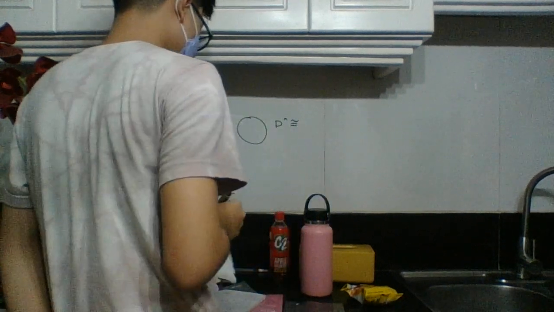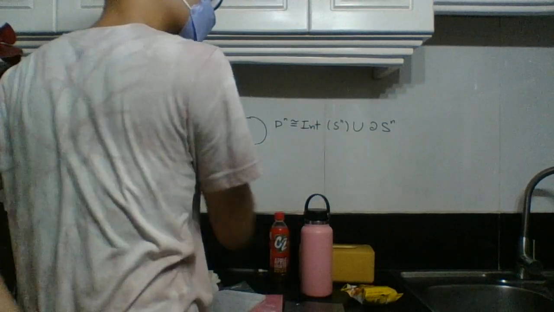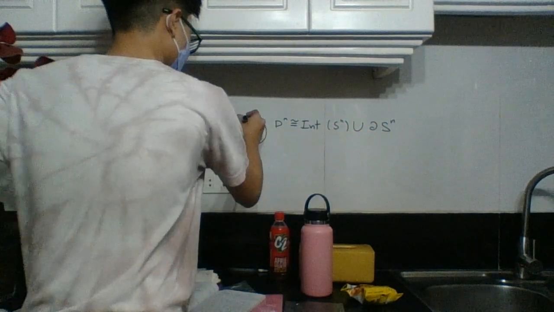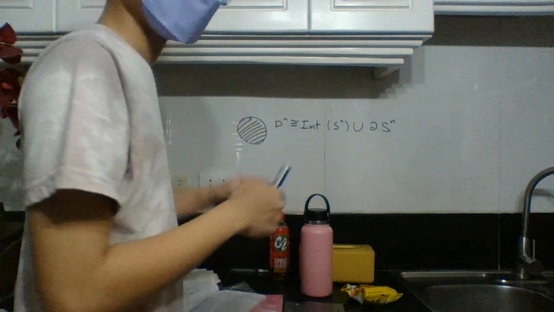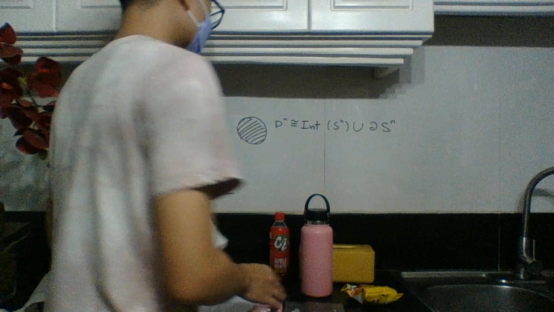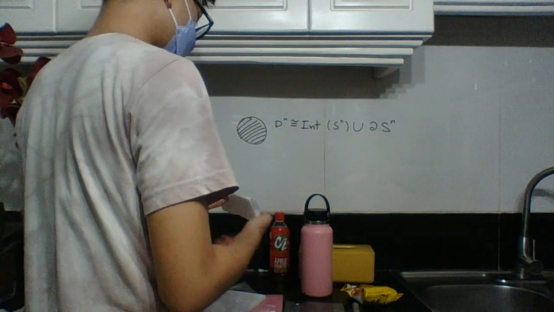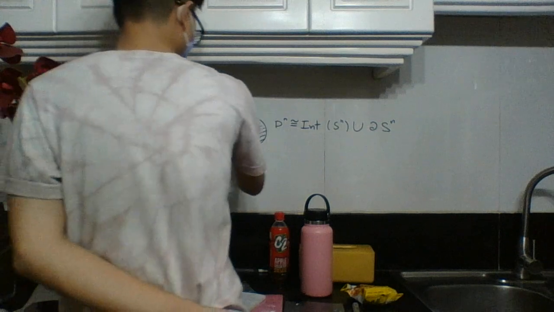We can think of a disk, Dn, as homeomorphic to the interior of Sn union its boundary. So a flat disk is the inside and the boundary of a circle, S1. But I believe there's a different definition. This is just the way I like to think about it.